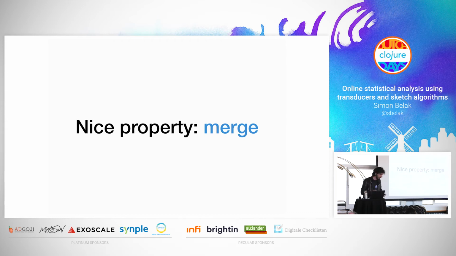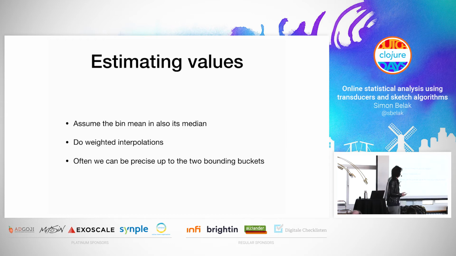But first, for completeness' sake, let's look at how you actually use histograms, or estimate values from a histogram. Depending on the implementation, they're usually making some assumptions. The version I'm talking about, which is also used in the library that I'm going to show you later, assumes that the bin mean is also its median.